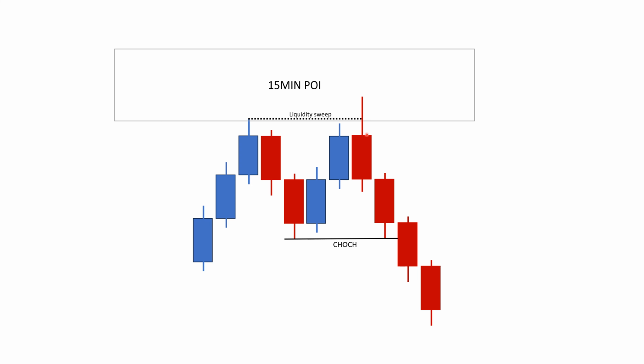So this is what happened. Instead of this body closing above, it just swept the liquidity and then closed within. With this, you can still enter without inducement in this line. So here you can easily take a trade as long as this condition has been met. The market can go all the way back into this POI, and then you can take a trade right here, and then the market goes down.